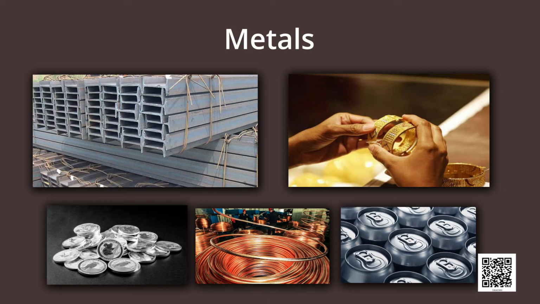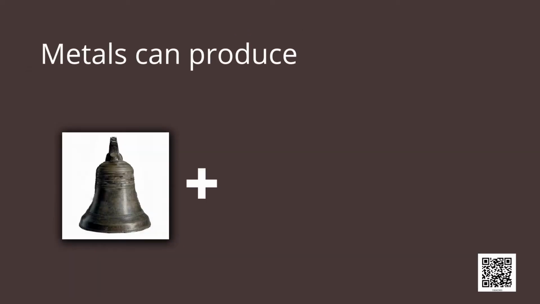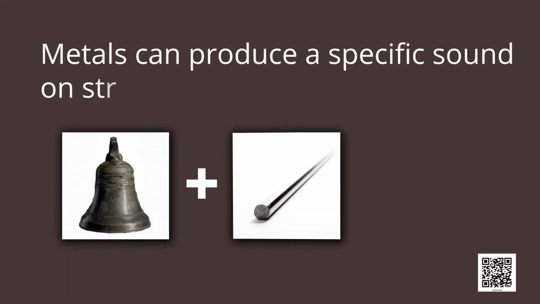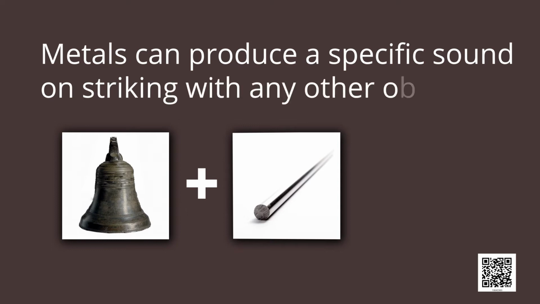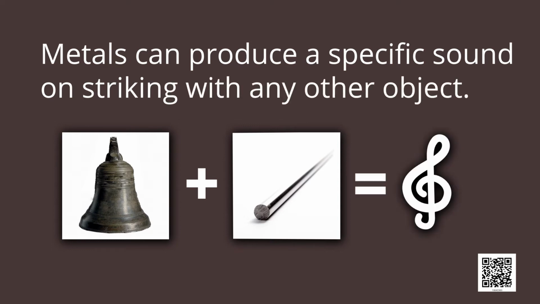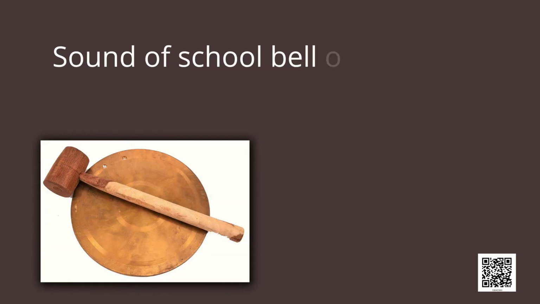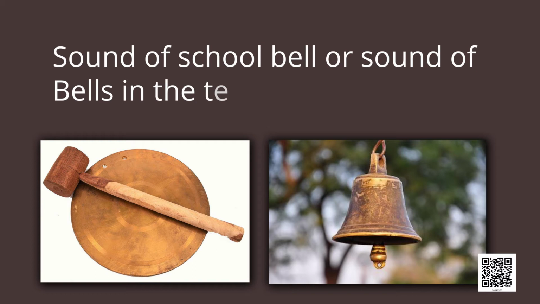This is called metallic luster. Metals can produce a specific sound on striking with any hard object. So they are sonorous. For example, you must have heard the sound of your school bell or bells in temples. They all are made up of metals.